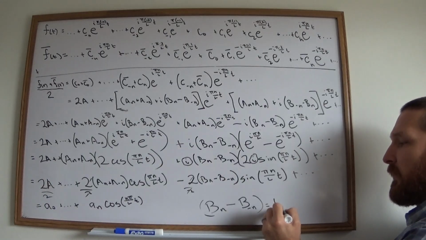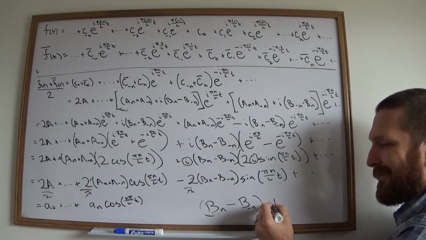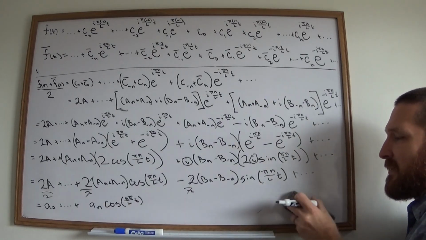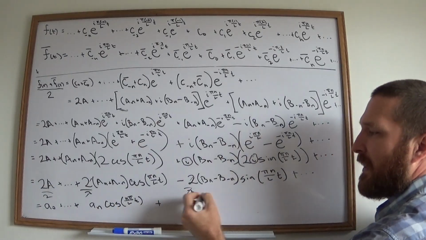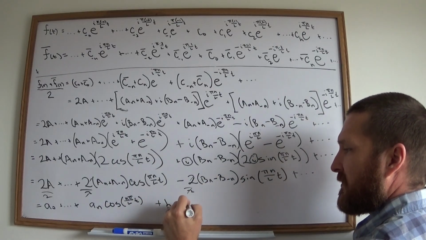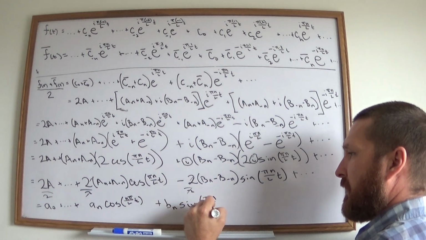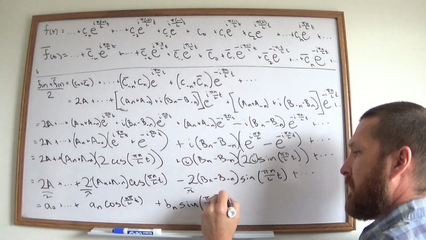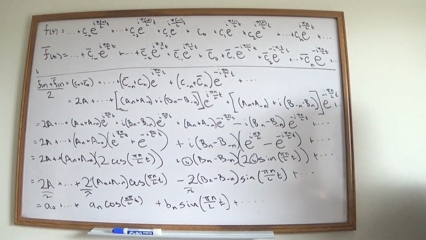Let's just call that real number lowercase b n. It'll look a lot better if we just say plus, because we don't know whether it's positive or negative to begin with. So this thing is then plus b n sine pi times n over L times t, and so on for all of those.